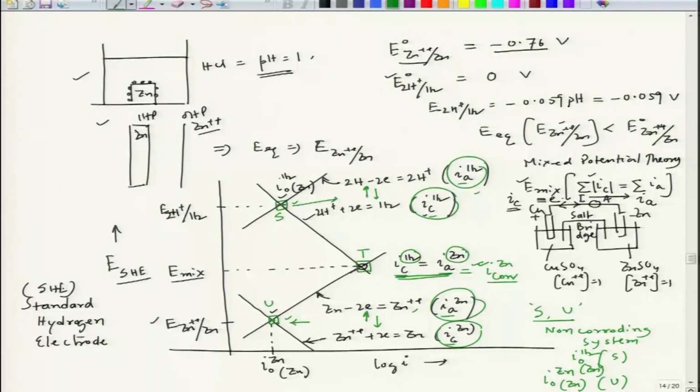So, this is the connection between activation polarization and mixed potential theory, because in both the cases we are expressing all the lines, this line, this line, this line, all 4 lines, with the general expression beta log of I plus some constant C. So, this is nothing but the Tafel equation, and the Tafel equation is valid in the case of activation polarization.